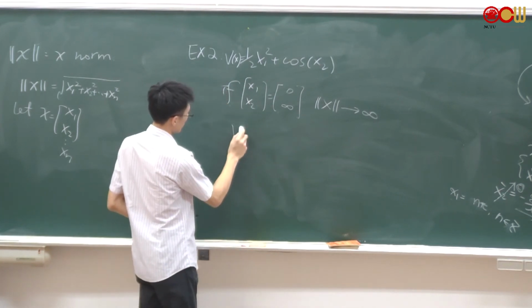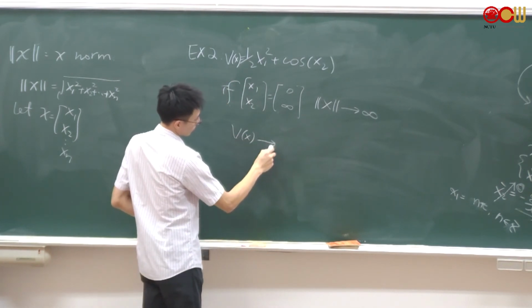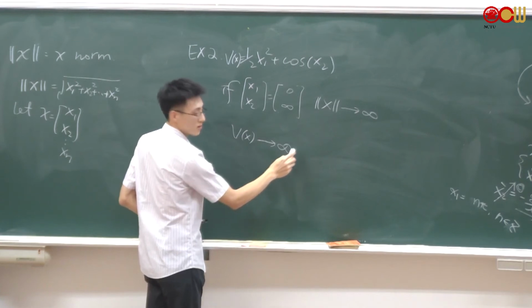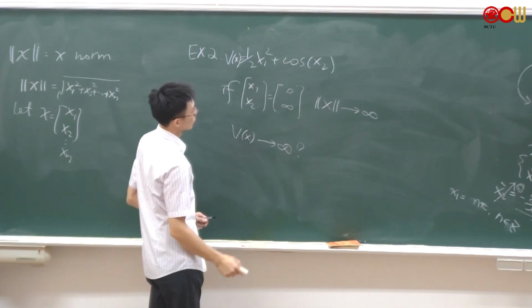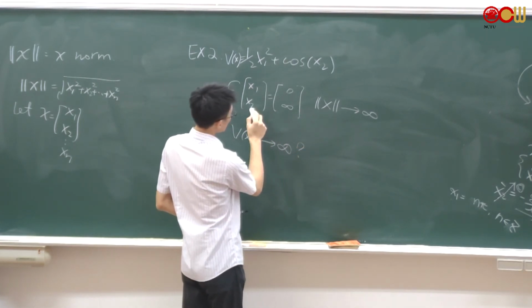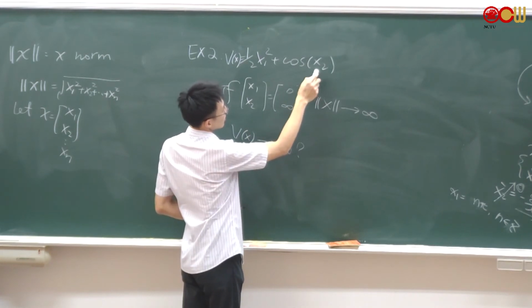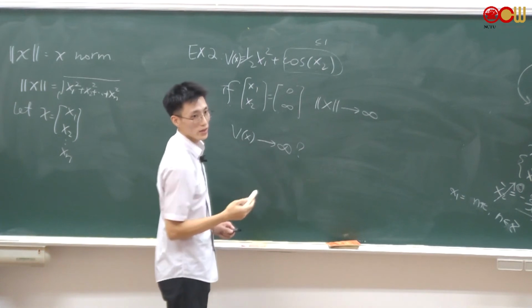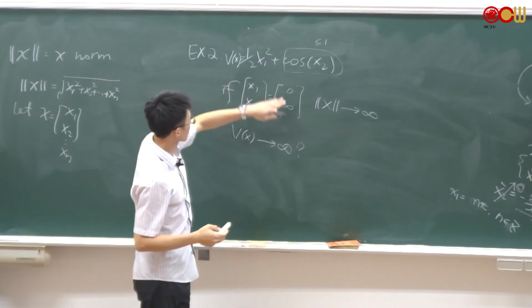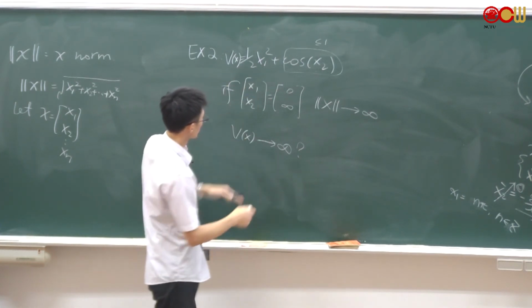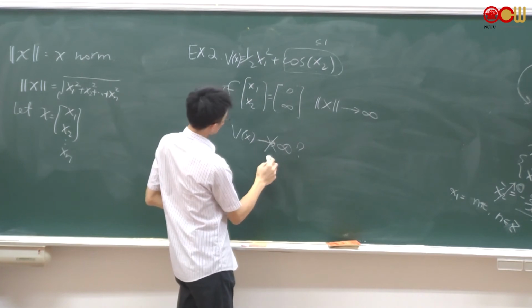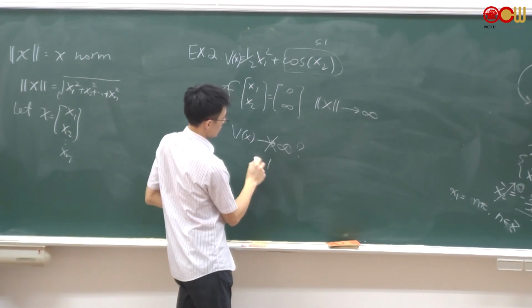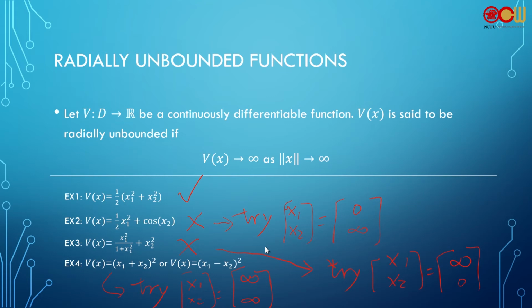And what is v? Does v go to infinity? No, because when x2 goes to infinity, this term is upper bounded by 1, no matter what x is. And x1 is 0, so it doesn't go to infinity, it goes to 1. So example 2 is not radially unbounded.